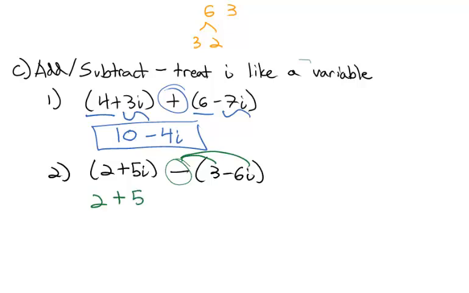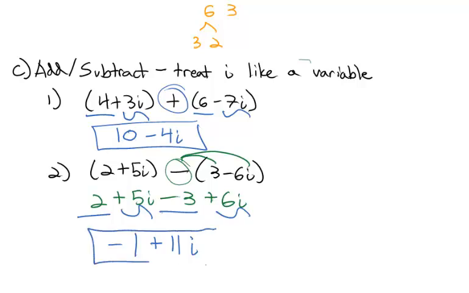We have 2 plus 5i minus 3 plus 6i. Now when we combine like terms, the real parts, 2 minus 3 is negative 1. The complex part, 5i plus 6i, is 11i. And we have our solution.